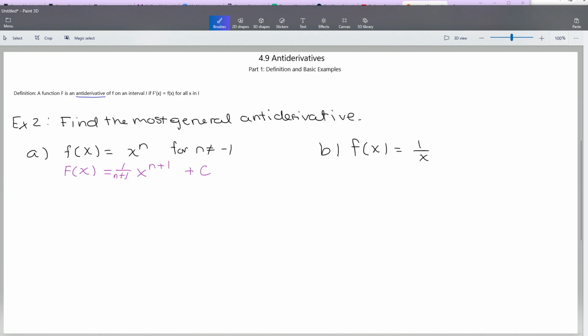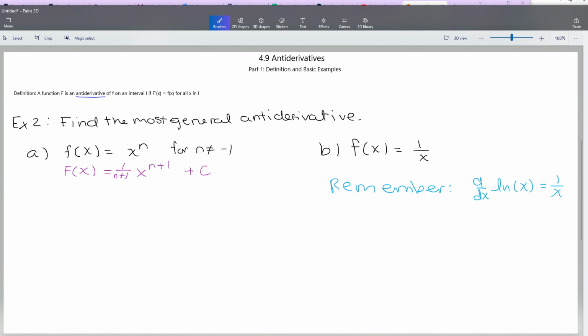So what does work for 1 over x, right? In this case, we really need to remember what function has the derivative 1 over x. Okay. If you take the derivative of natural log x, the answer is 1 over x.